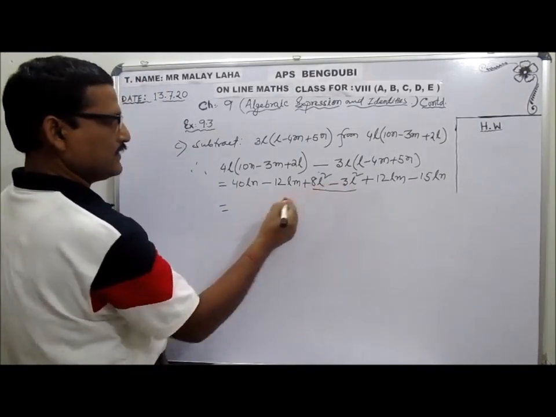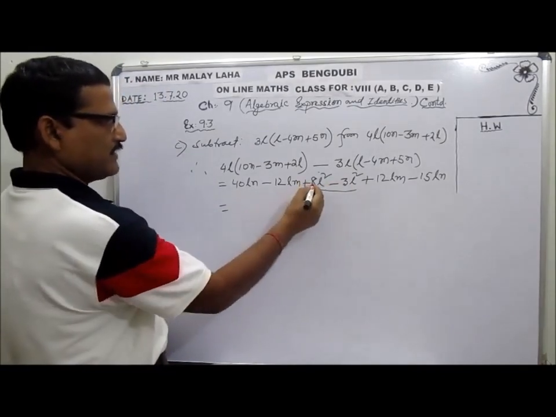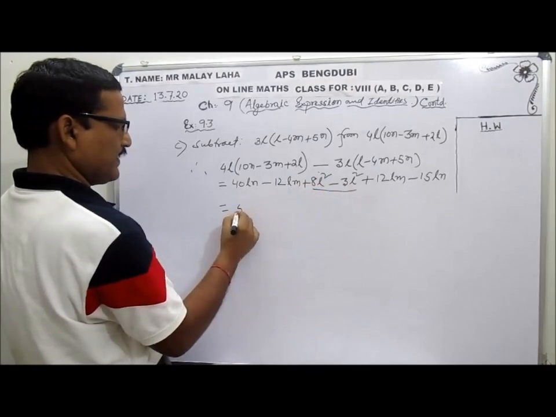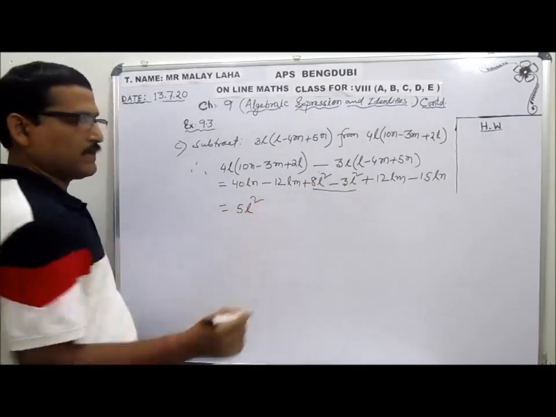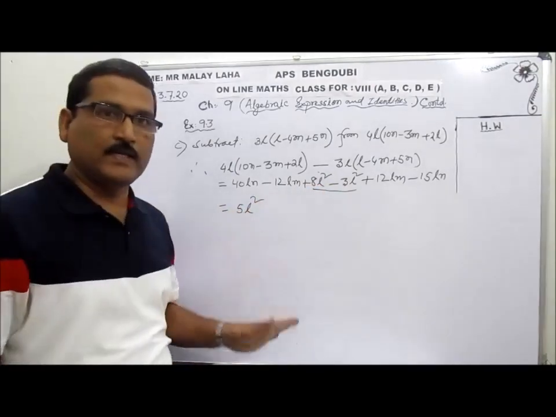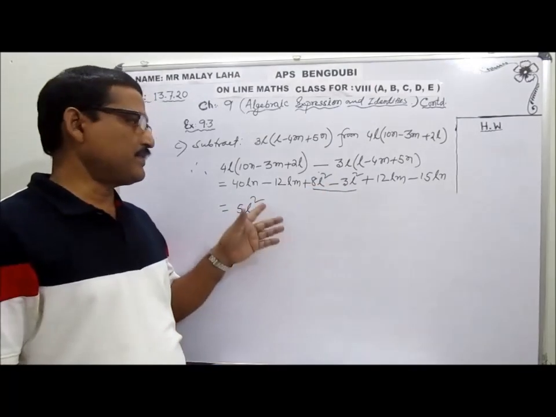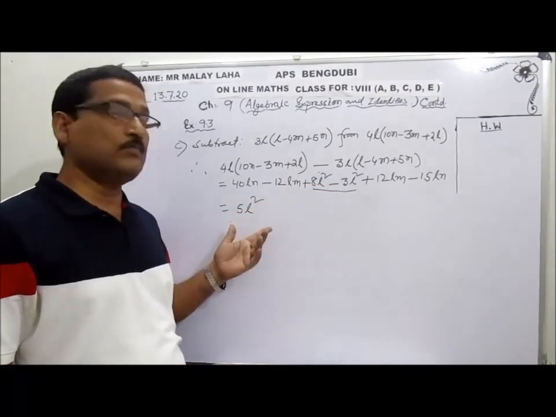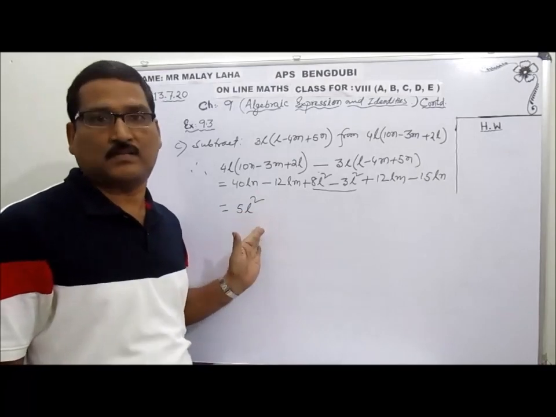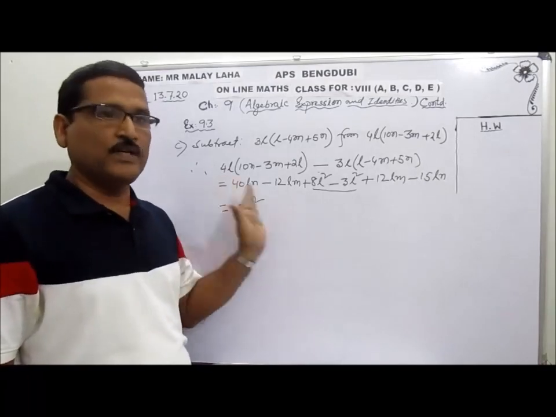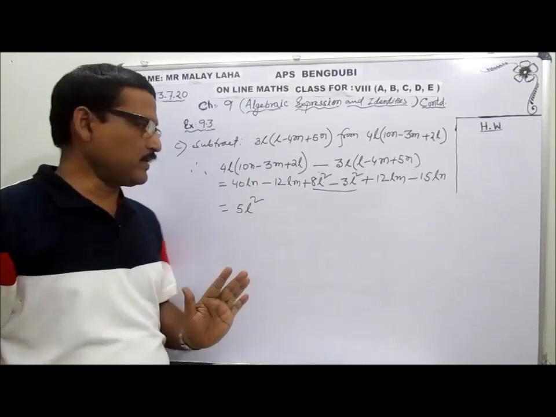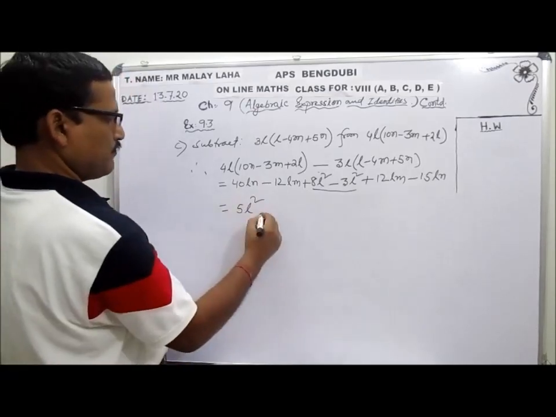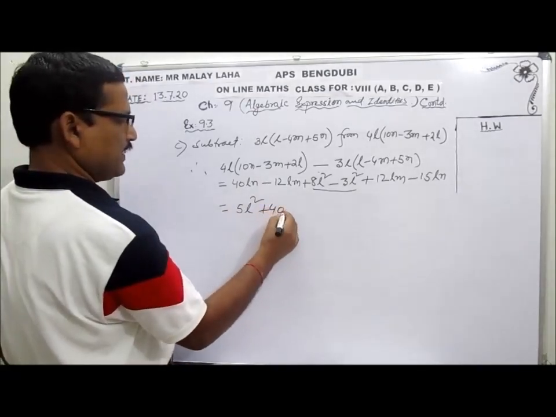So what is the result here? 8l² minus 3l² is 5l². Why have I written it this way? Because it's a rule in algebraic expressions: when many terms are there, the term with the highest power we have to write first, and then terms with gradually decreasing power. Now then plus 40ln.